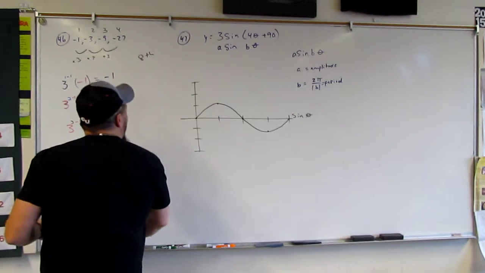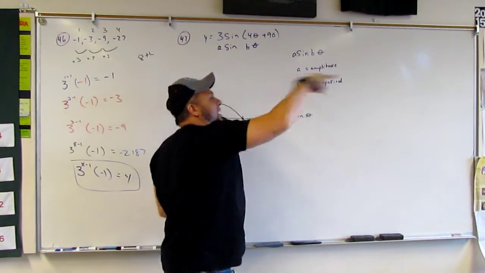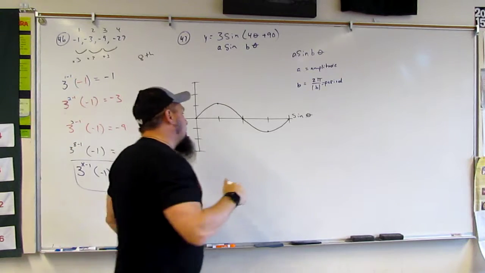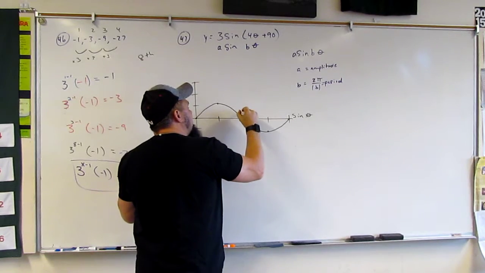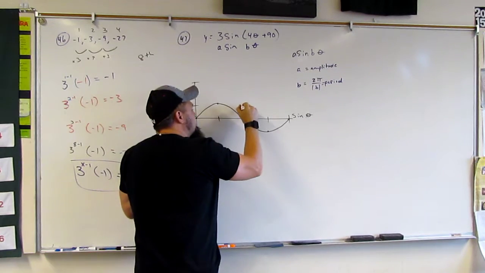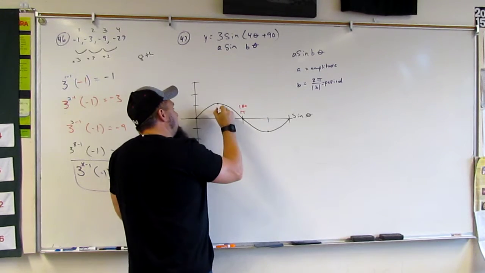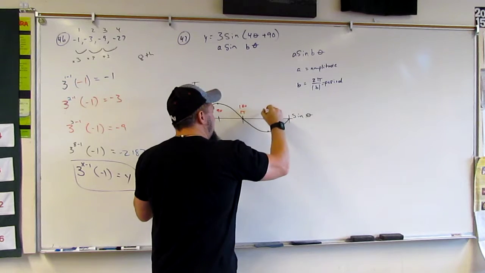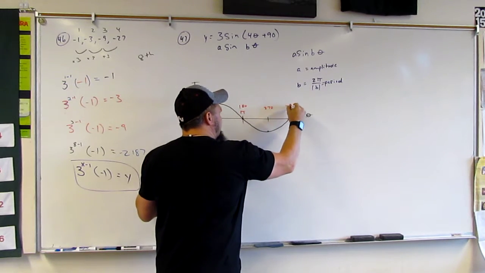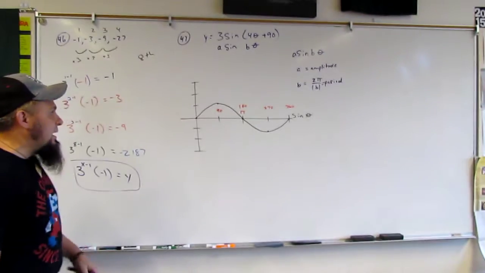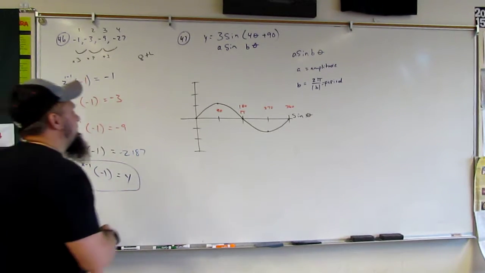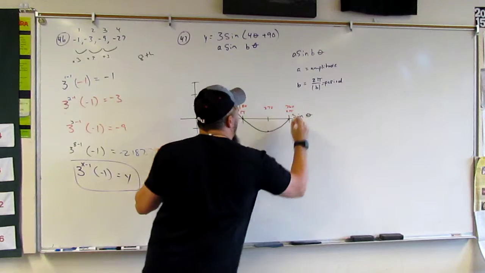Okay? So that means instead of going right 90 degrees, I'm going to go left 90. Okay? Since this is pi, this is 180, right? That means this is 90. That means this is 270 and 360, right? Okay? So now let's just write in 2 pi, okay?